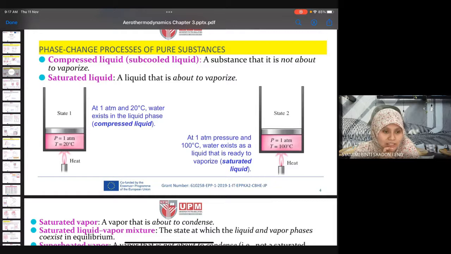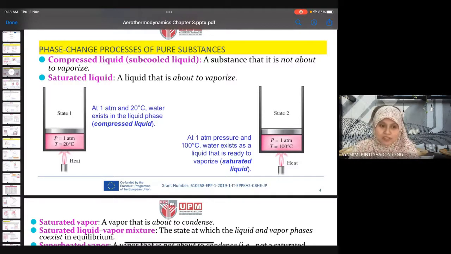So the first one, state one: at 1 atmosphere and 20 degrees Celsius, water exists in the liquid phase, compressed liquid. Example, water: we know that the evaporation of water usually occurs at 100 degrees Celsius. The water boils or vaporizes at 100 degrees Celsius. So below or much lower than 100 degrees Celsius, for example at 20 degrees Celsius, we can consider the water to be in the compressed liquid phase or subcooled liquid phase.